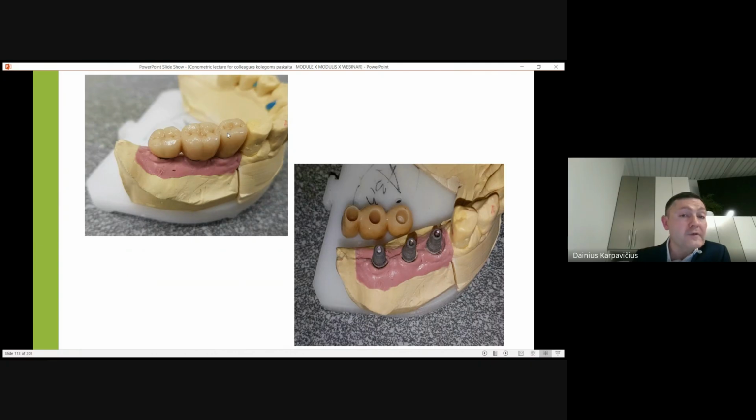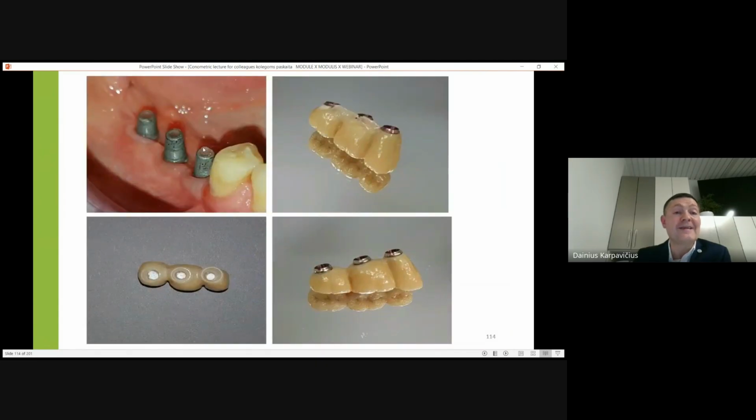We have no holes here because, as I said previously, I like to use even a crown remover, not to use a screwdriver. Sometimes I remove with the crown remover because it was easy for me to understand what possibilities do we have. So you see the bridge. You see that our bridge is free of conometric crowns. They are not cemented in the lab. Now we prepared, we seated conometric crowns in the mouth.